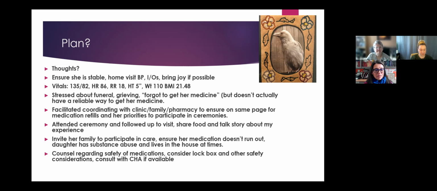And counsels them regarding the possibility of a lockbox and having an extremely responsible family member to help her with that nighttime regimen. The other piece that is key here is those community health aides and representatives who actually know what's going on in the community. Otherwise, I might not have known that her daughter had substance abuse for real, right?